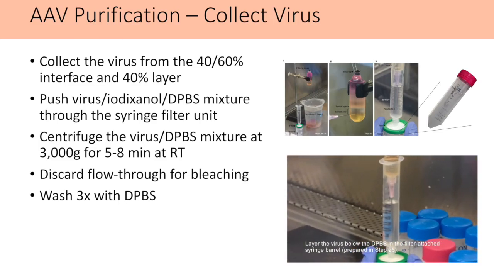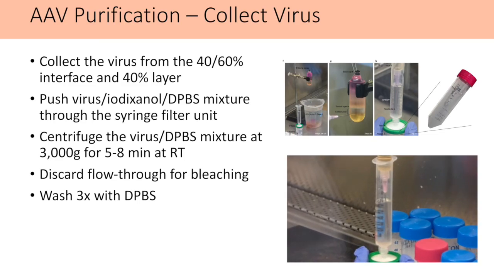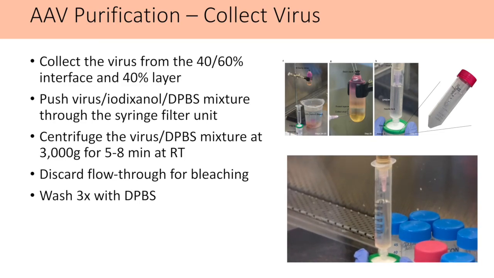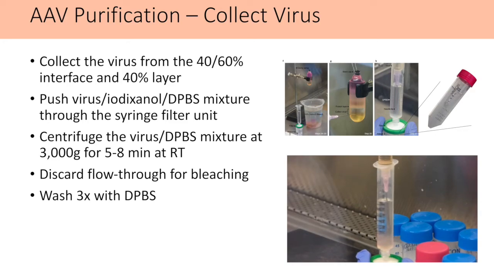The top layer of PBS will then be used to wash the syringe and the filter as you push the material into an Amicon tube.